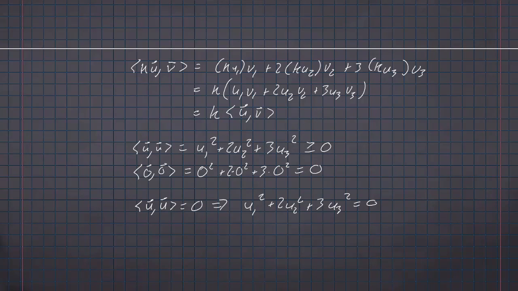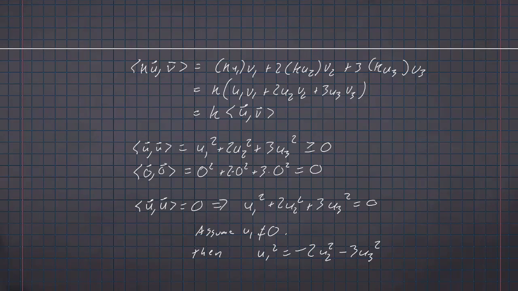We are going to take the stance of, assume that u1 is not equal to 0. Well, we can rearrange and get that u1 squared is equal to the negative of 2u2 squared minus 3u3 squared.